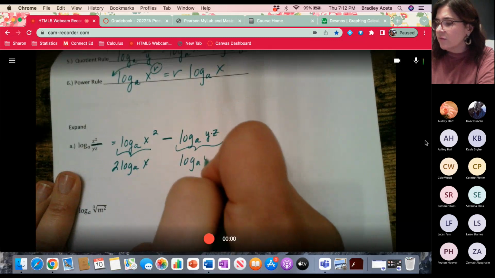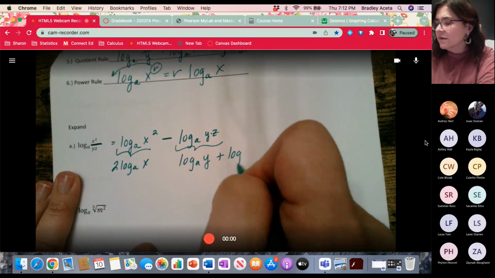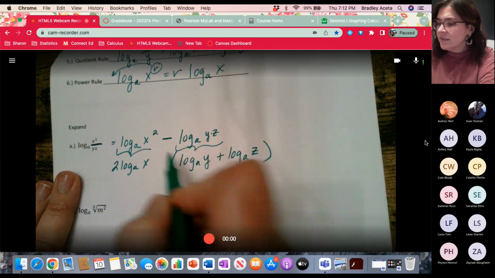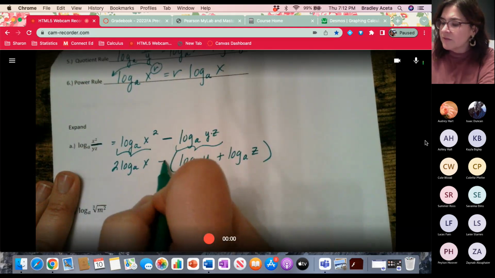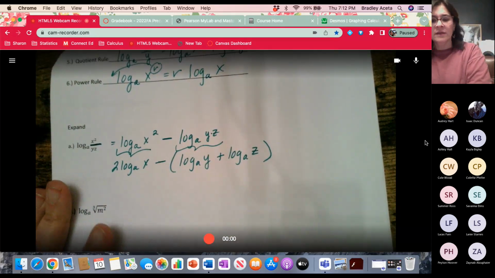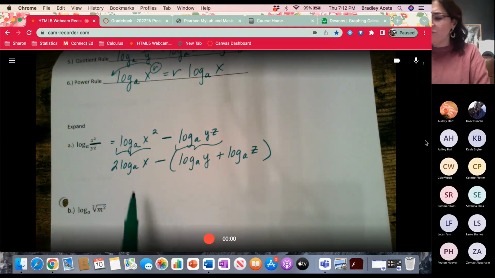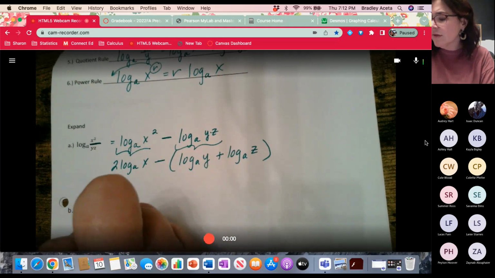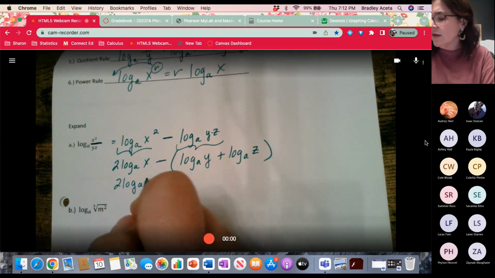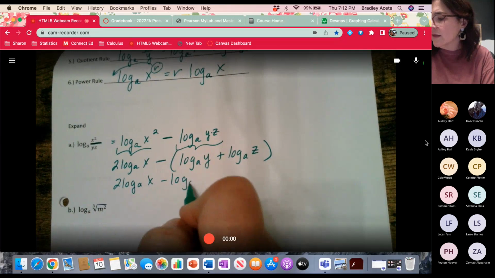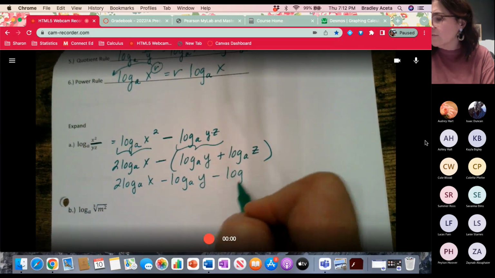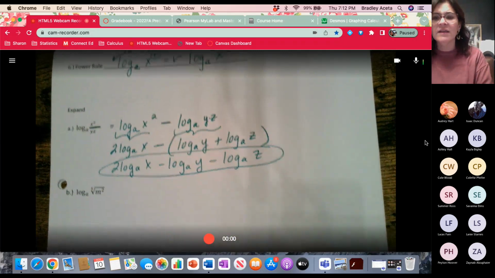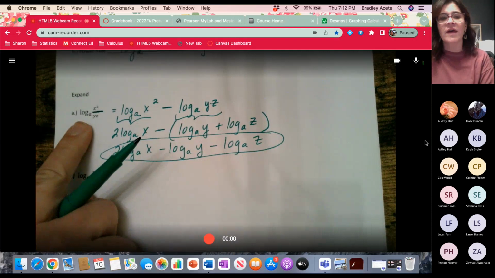So log base A of y plus log base A of z. Now, the only thing is I have to put this in a parenthesis because there's a minus right here. And I can't remember, I think Pearson actually wants you to distribute that negative. So really your final answer would be 2 log A of x minus log A of y minus log A of z. And that is the expanded form of that.